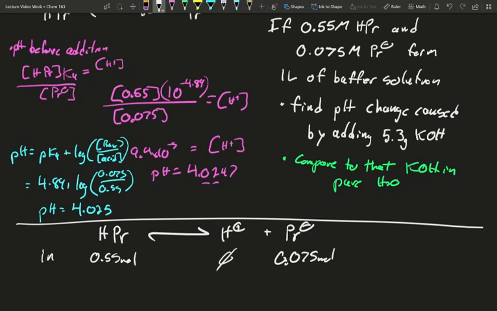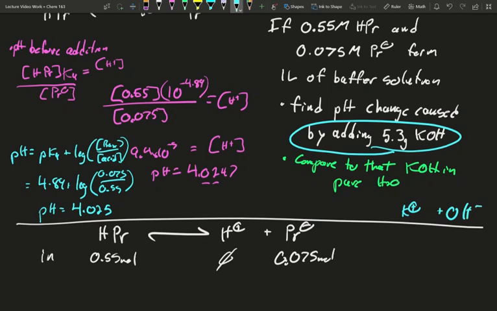What's going to happen is I'm going to add that hydroxide. Potassium hydroxide is going to break into K+ and OH-. It's a strong base. That OH-, we're suddenly going to have a lot of it in solution, way more than would naturally occur from our equilibrium with water.